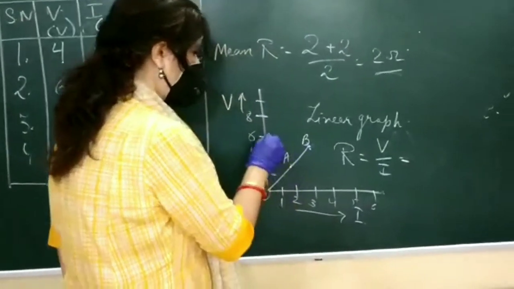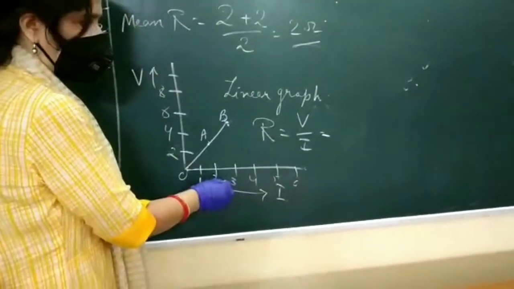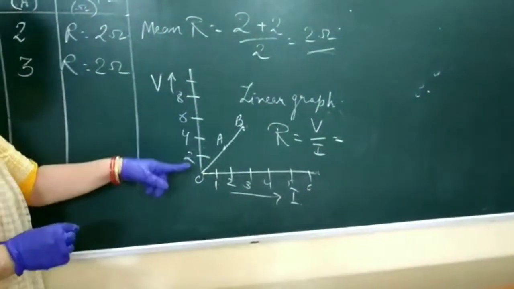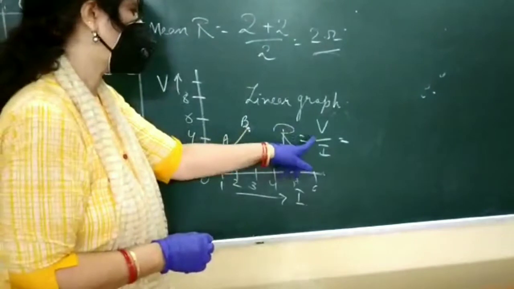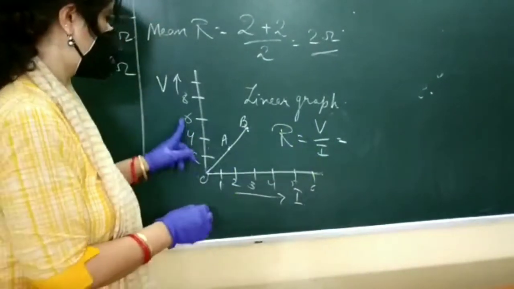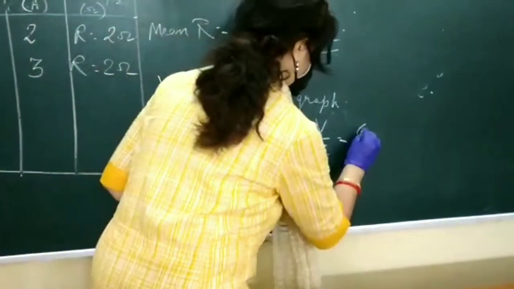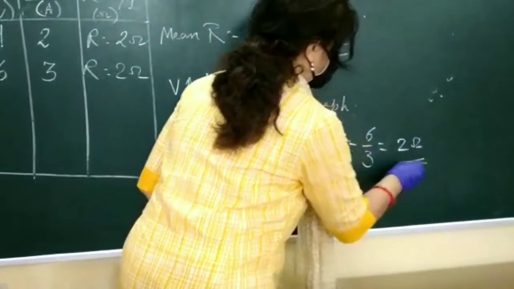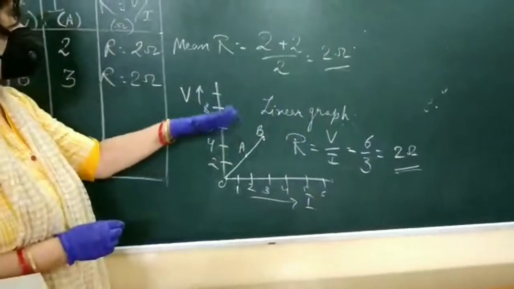It is always y-axis upon x-axis. Slope is tan theta equals perpendicular upon base. So here also we have V upon I, that is 6 upon 3, which is equal to how much? 2 ohms. So from the graph also we can verify the value of resistance.